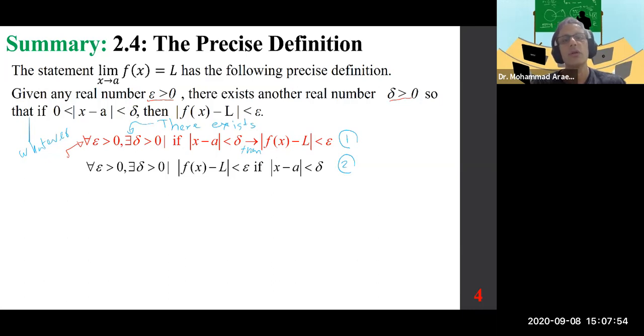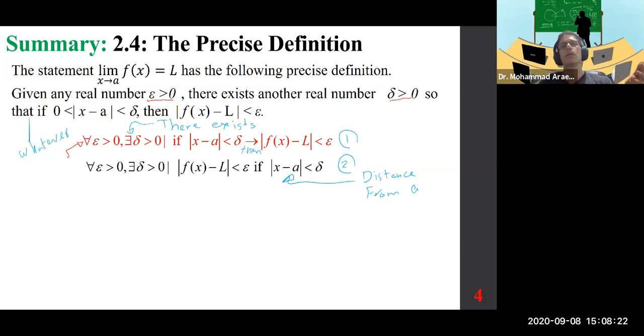So when you're looking at this part, absolute value of x minus a means what? Distance from a.